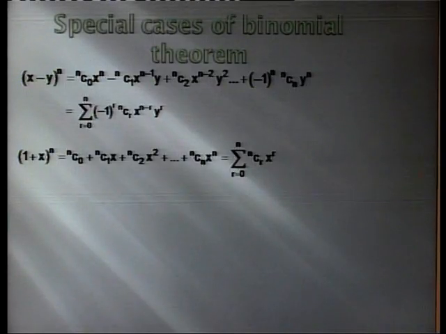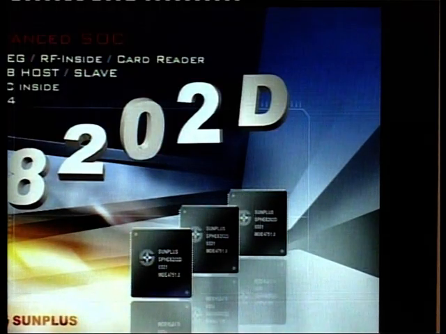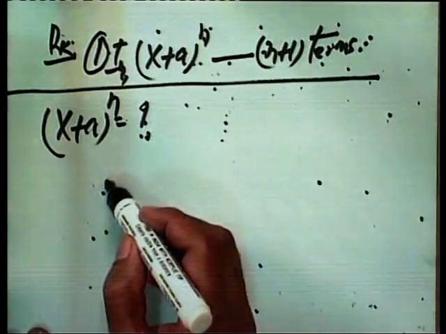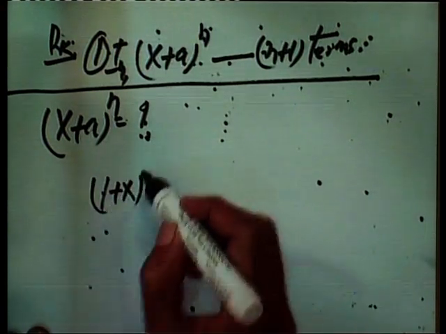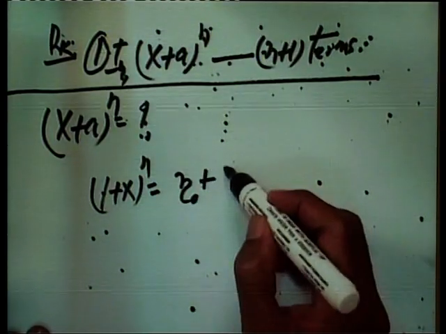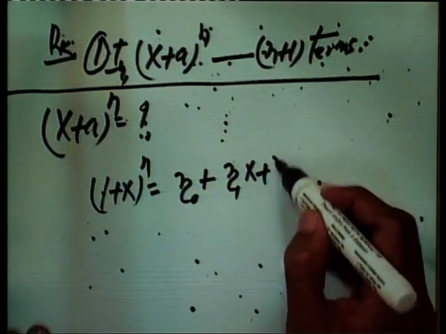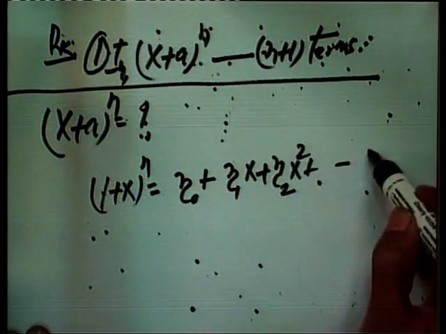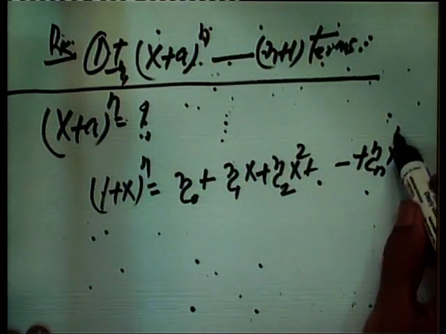Now, this expression is very important. 1 plus x raised to power n is equal to nC0 plus nC1 x plus nC2 x square plus so on plus nCn x raised to power n.